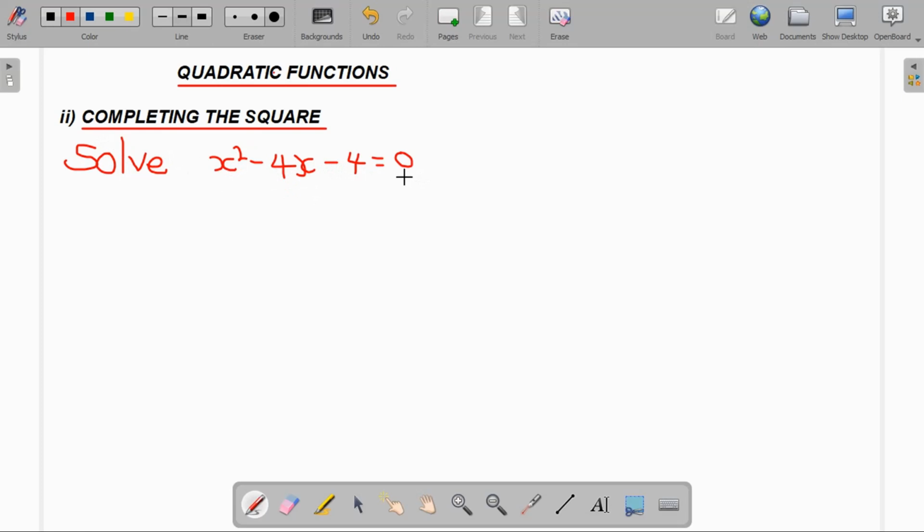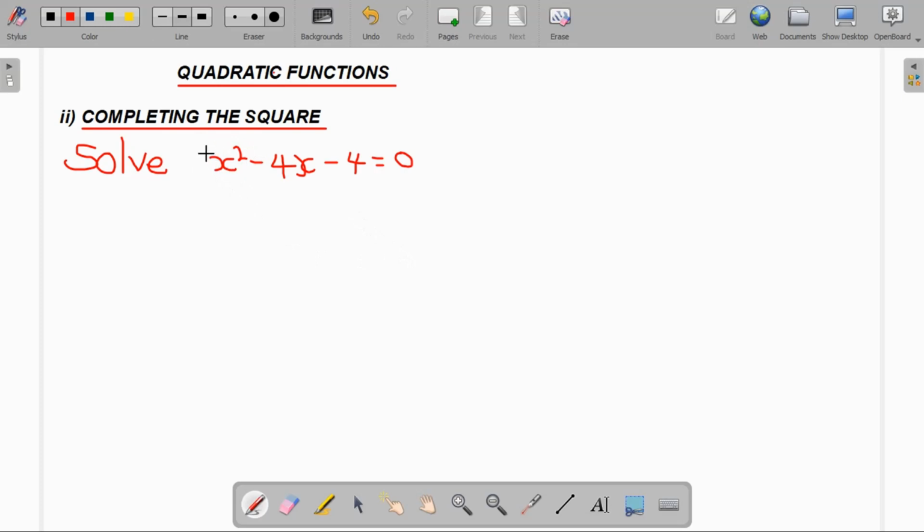So if we want to use the completing the square method, you have to make sure that the x square has got the coefficient of 1.